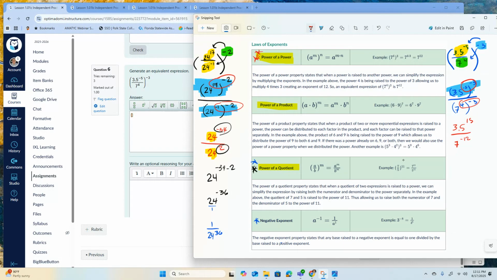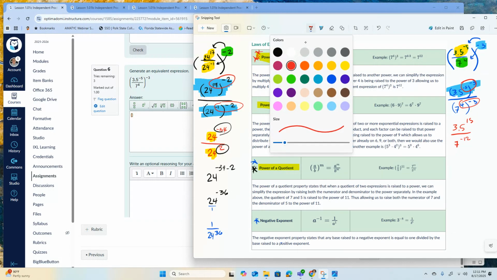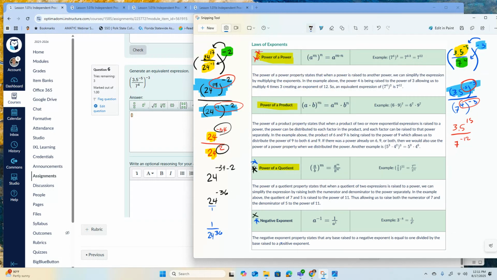Now, when you have a negative exponent, you have to apply this rule over here. I'm going to put now in black this rule, the negative exponent rule. And I'm going to give you a shortcut when this happens. Every time you have a negative exponent and the base is on the bottom of the fraction, it's like you're going to take all of this and you're going to put it on the top by multiplying.